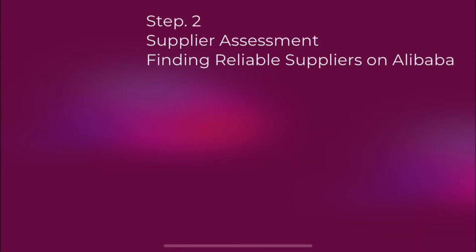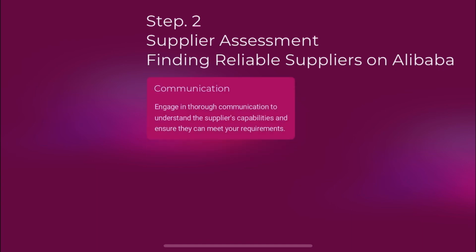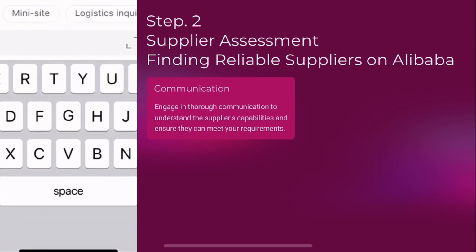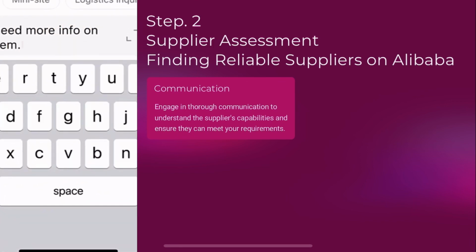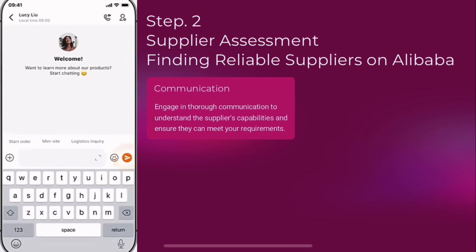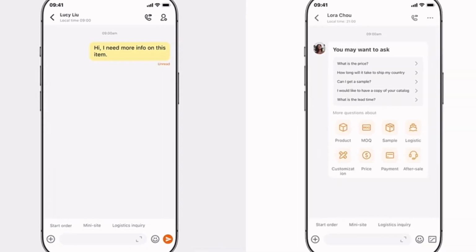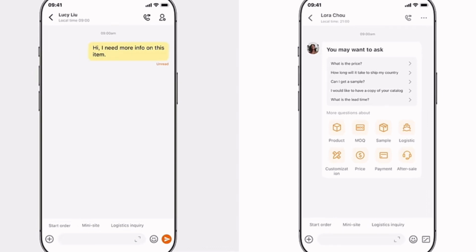This is how I do the assessment whenever I import a product through the Alibaba platform. The first thing that I do is the basic, of course: communicate with your supplier. Ask them the right questions. Aside from checking their profiles and their information on Alibaba, this is a good way to assess them.